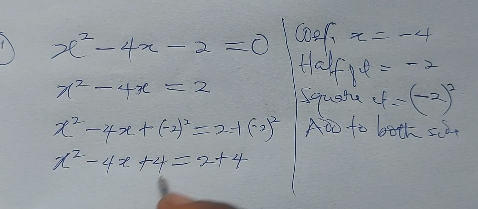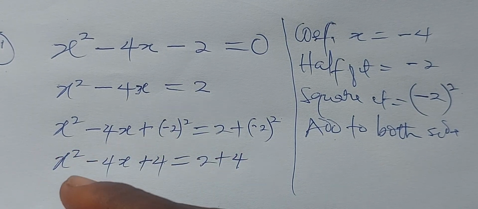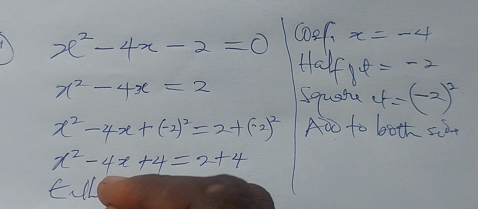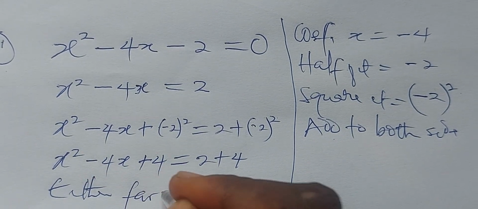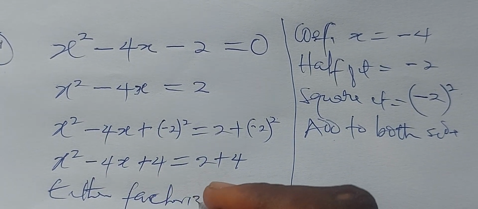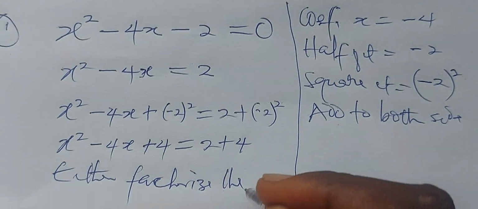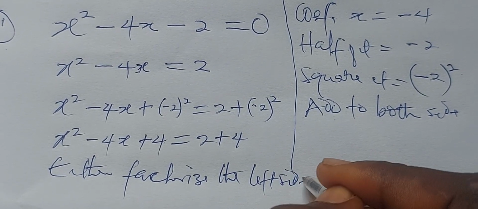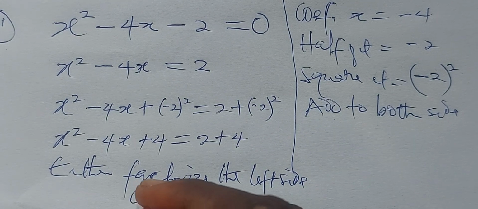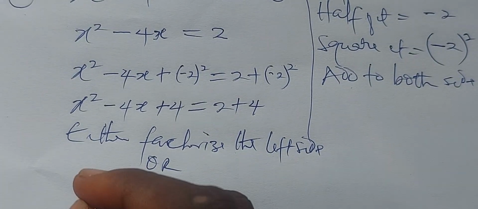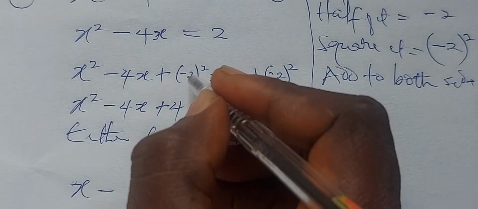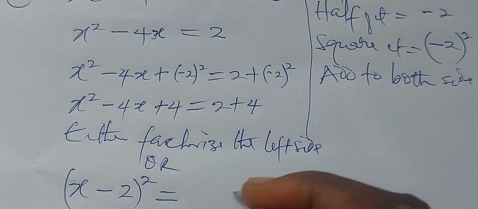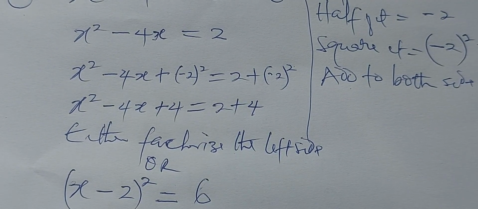You can factorize the left side, or you go straight to write x minus 2 all squared equals 6.